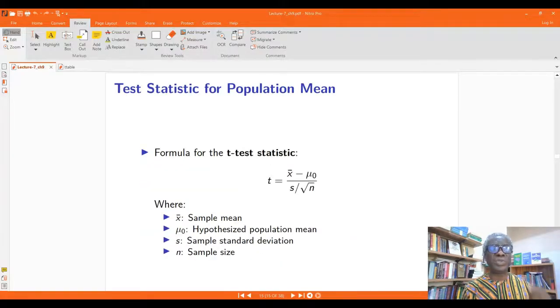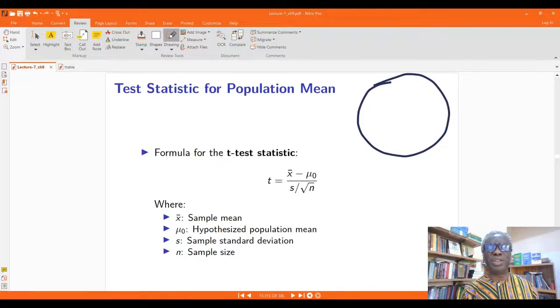So to use the t-distribution, we will start with a single population. So maybe this is the population, and we are testing a hypothesis about this population.